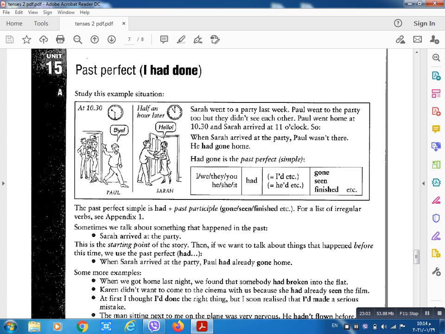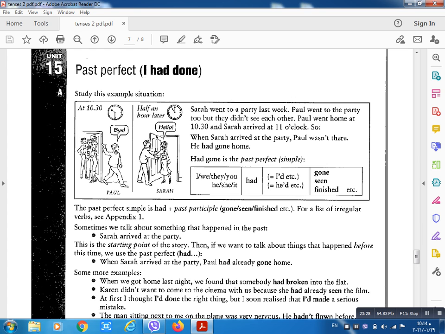What are those actions? They are, Sarah arrived, Paul left. Paul left, past simple, the past of leave. Sarah arrived, past of arrive. Where is the past perfect? Where is it? How can I express it? How can I understand it?